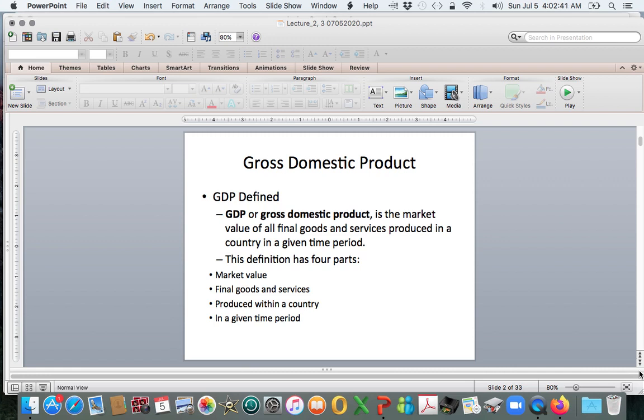If you notice, the terminology says gross domestic product. Whichever nation that you choose to calculate the gross domestic product for, we will only measure the market value of the final goods and services which are produced within that country.